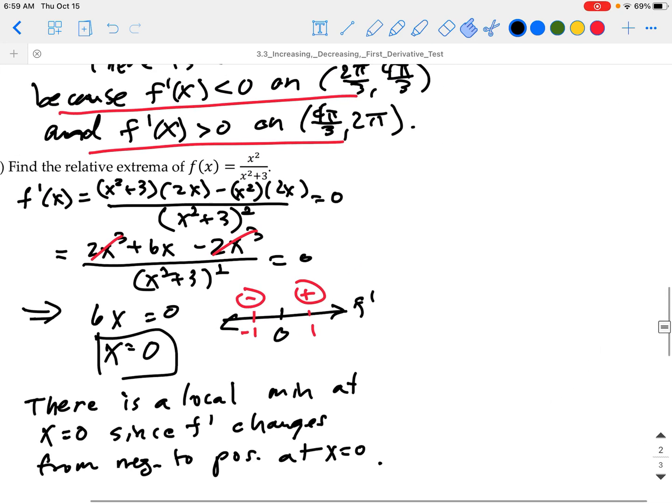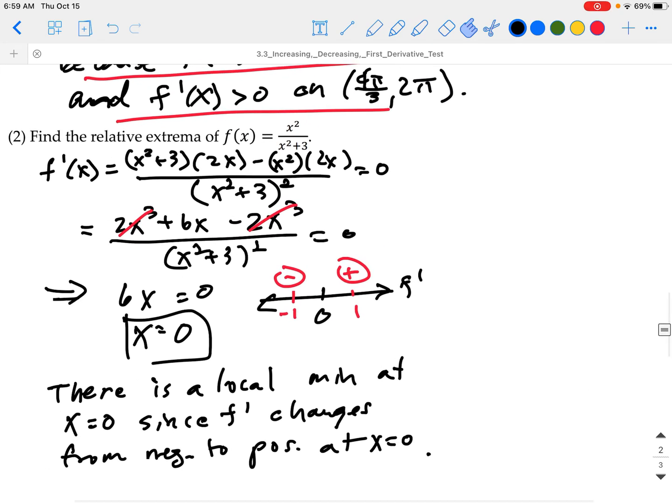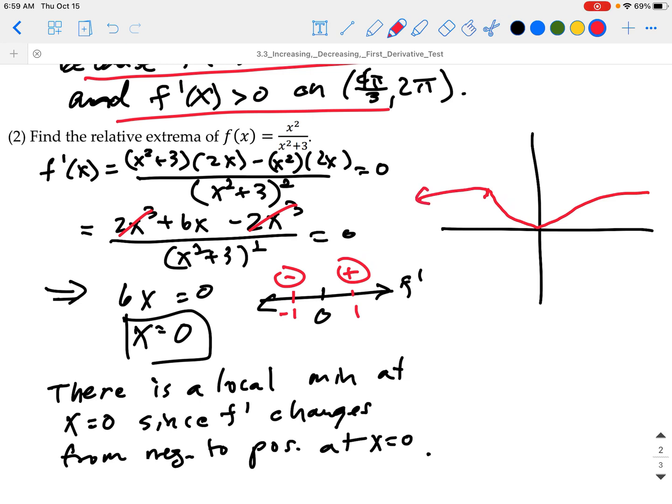And we can see that for this graph, if we took the limit as we went to infinity, we'd get 1. So our horizontal asymptote is 1. So our graph, oops, we didn't check concavity, so we don't know what the curvature is. But essentially, your graph's going to look something like that.